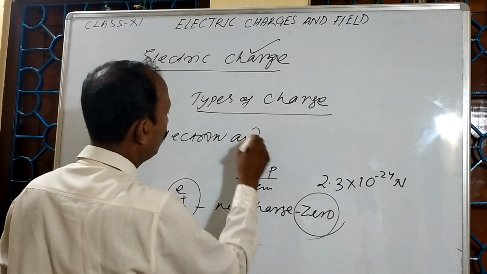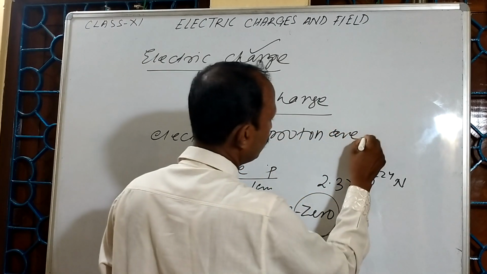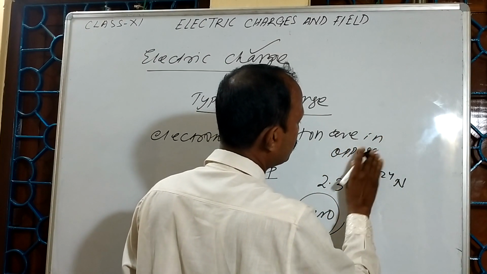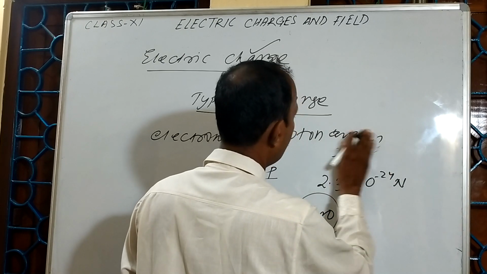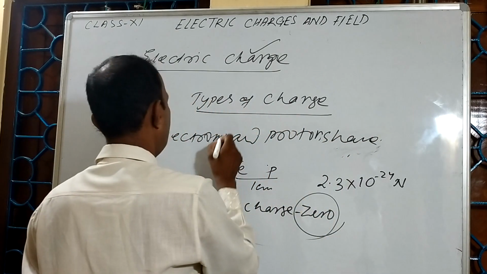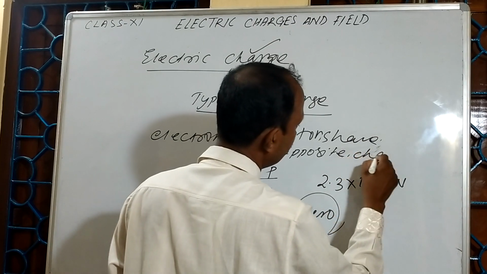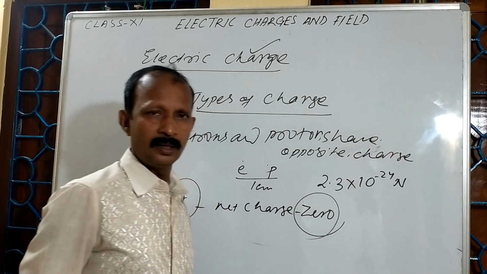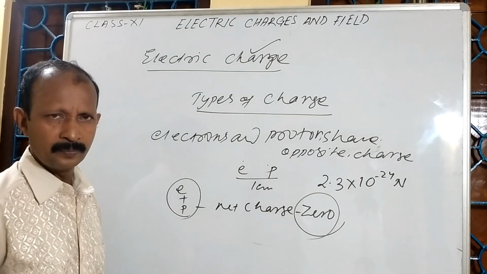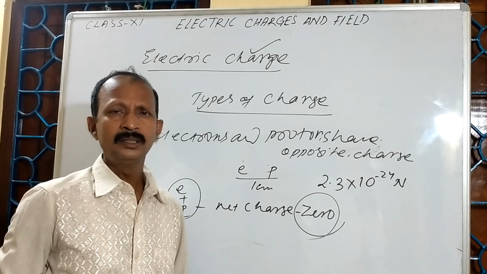Electron and proton are in opposite charge, because we found that when you combine both electron and proton, their net charge becomes 0.